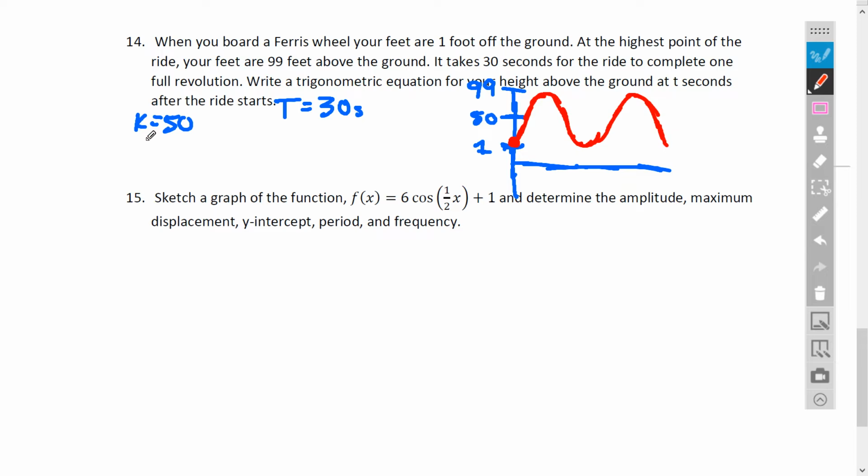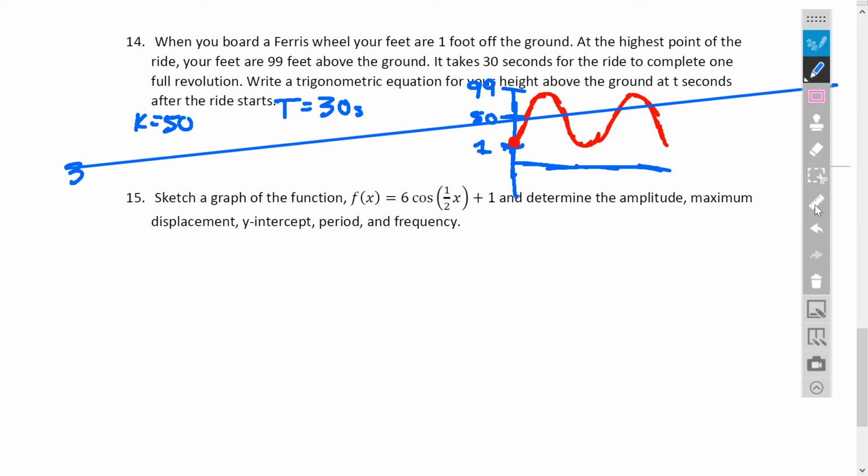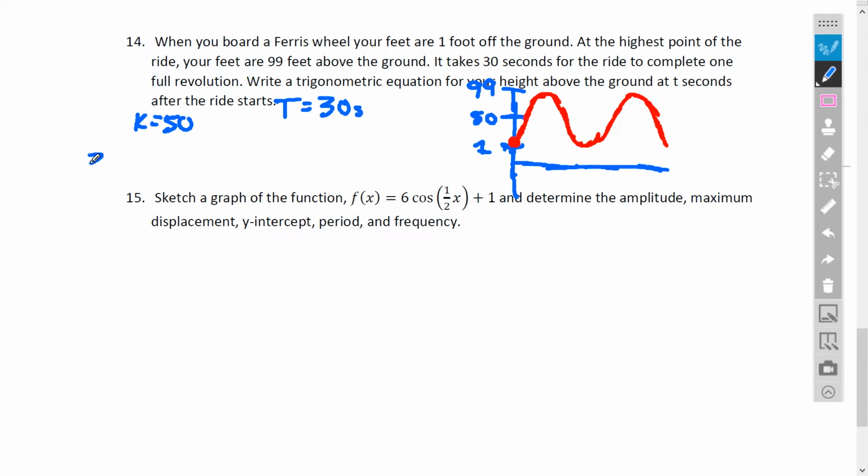The vertical transformation is 50, and we need to find the b value. So remember, the period, 30 seconds, is equal to 2 pi over the b value. If we solve this for b, we get b is equal to 2 pi over 30.